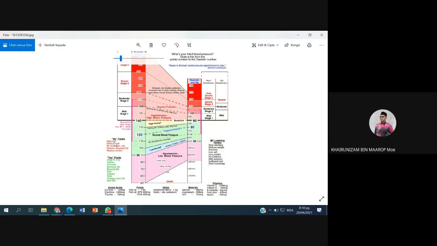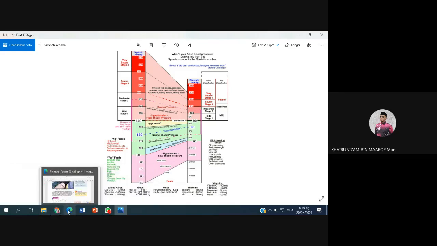Kamu tak boleh makan makanan yang banyak garam or medium salt or hydrogenated oils. So you must reduce protein or saturated fat to make sure your blood pressure decreases. I like this chart because it is easy to read. This is an example of a blood pressure chart. So you can use it.